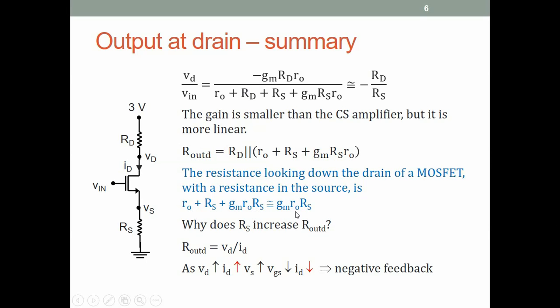So qualitatively, why does it increase? So here is the way to look at it. The output resistance, just looking down from the drain, is VD by ID. Suppose we apply a voltage source here, I call it VD, then the current it supplies, if it is ID, then the R out is VD by ID.